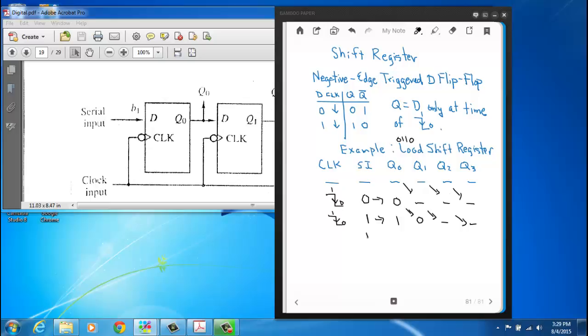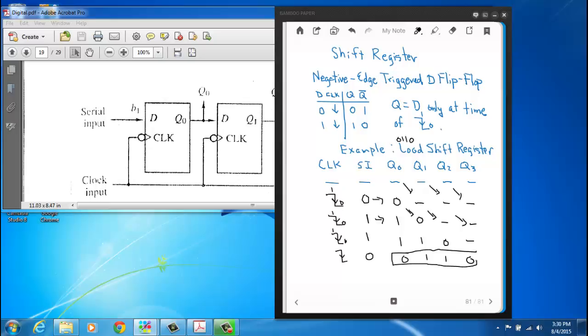To finish this off, we need a 1 here, clock it a third time. After that third clock pulse, this is what we'll have inside our register. Then make the serial input a 0 and clock a fourth time, and after that fourth clock pulse, we have the data loaded.